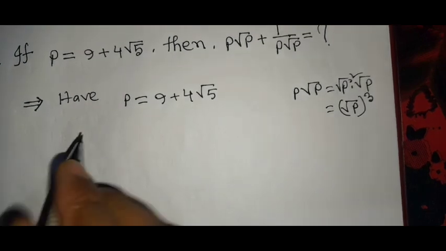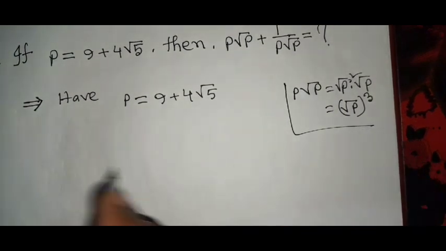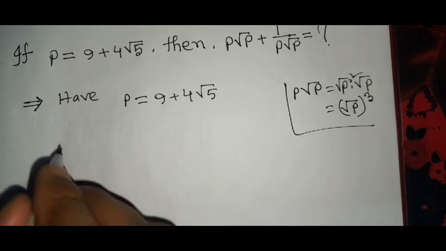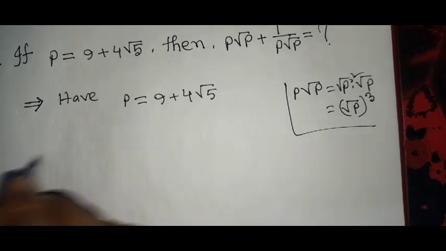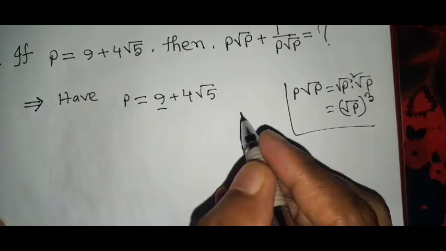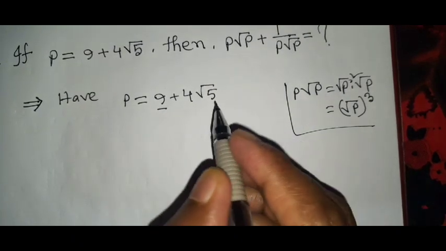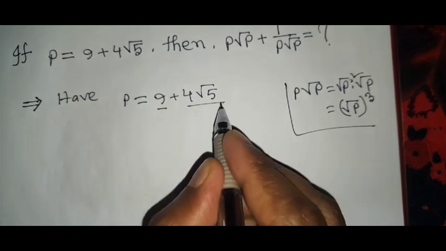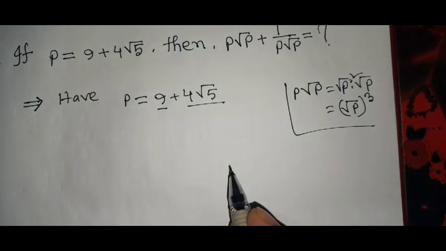First we find the value of root p, then the first problem we can solve. Here we are given 9 plus 4 root 5.